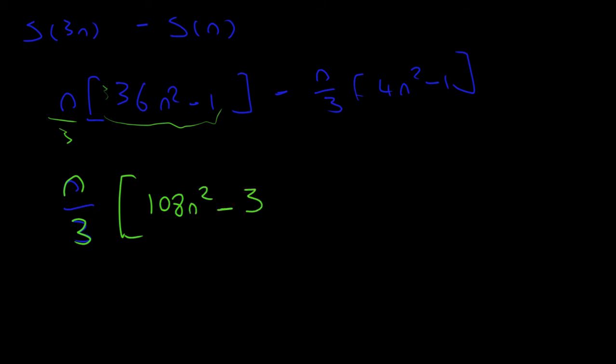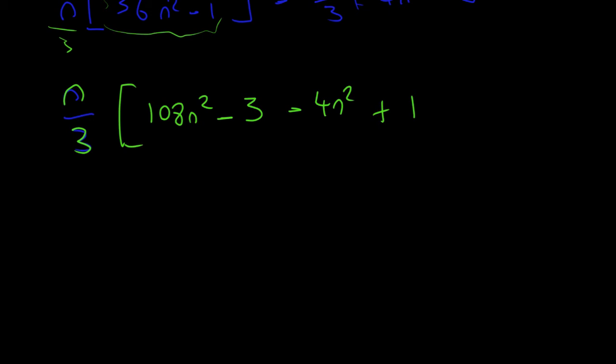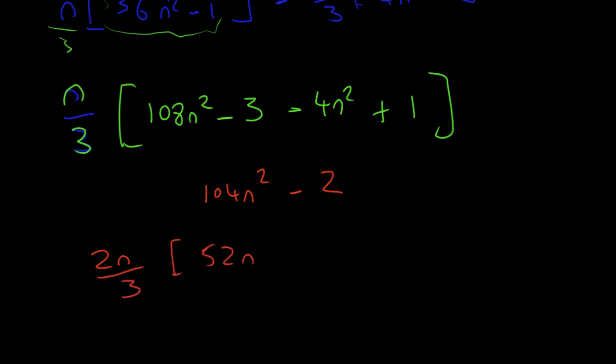Then I'm going to have a minus 4n squared, and that's going to be a plus 1. So what does that equate to? Well, it's going to be 104n squared minus 2. I can factor 2 out of that, giving me a final answer of 52n squared minus 1.